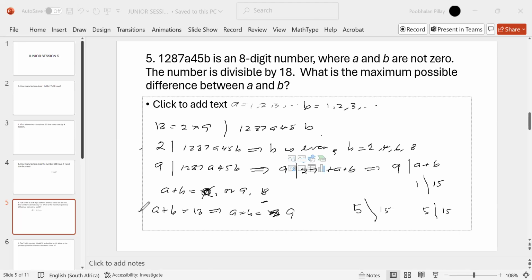If this is 18, there's only one way of working that out. But the question is, what is the maximum possible difference between A and B? And in this case here, the difference is 0.